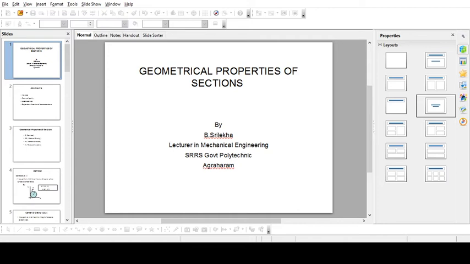If I divide this composite figure, it gives two rectangles. One rectangle is of 100 by 20 and the other rectangle is of 80 by 20. So first figure is 100 by 20 and the second rectangle is 80 by 20. So we have divided this T section into two sections.